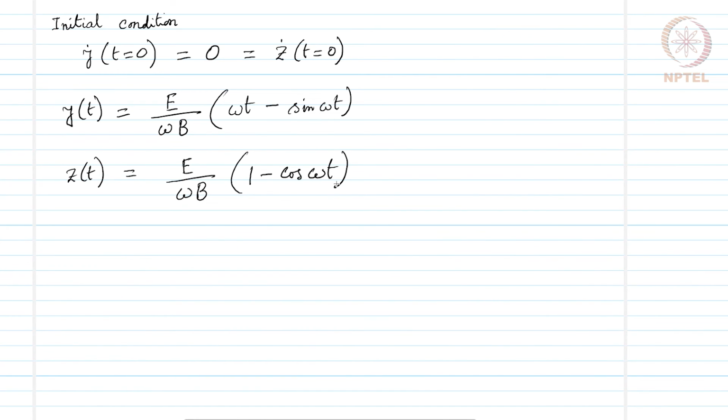Now, let us put this quantity E over omega B as R. Let us consider this, and let us also use the identity that sine squared omega t plus cosine squared omega t will be 1.